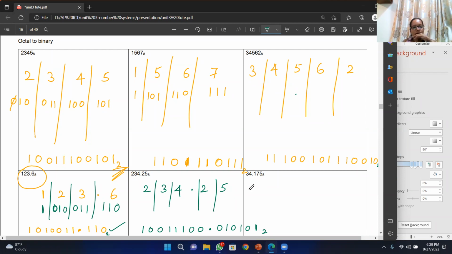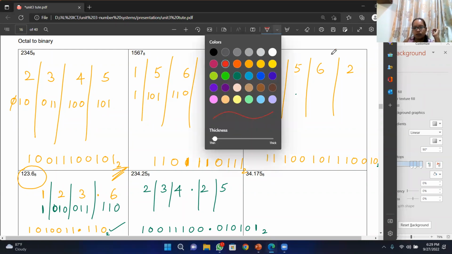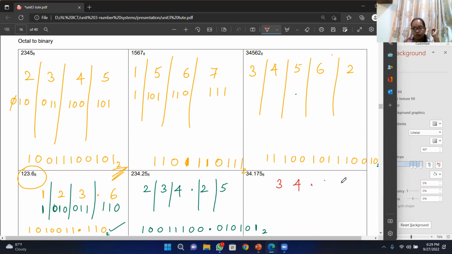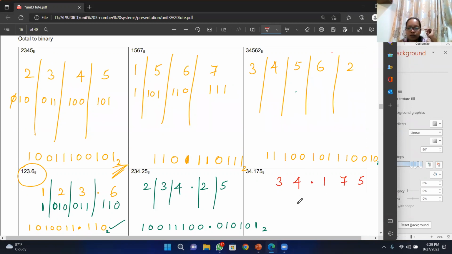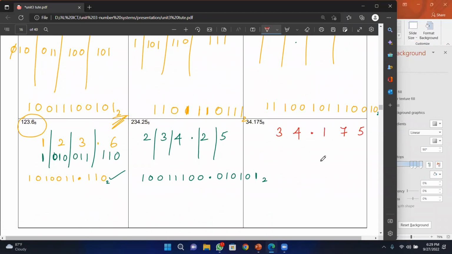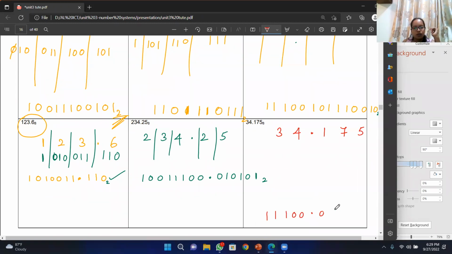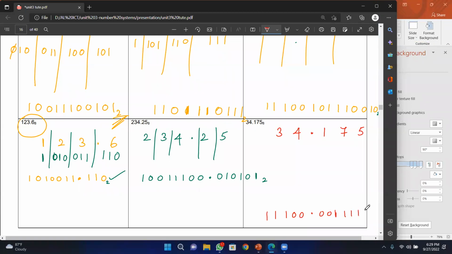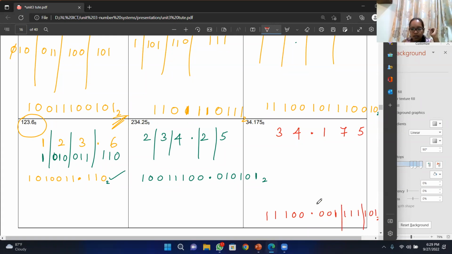Okay, double 1, 1 0 0 1 0 0 point 0 0 1 0 0 1, triple 1, 1 0 1 to the base 2. 101, correct. 11, correct. Yes, correct.